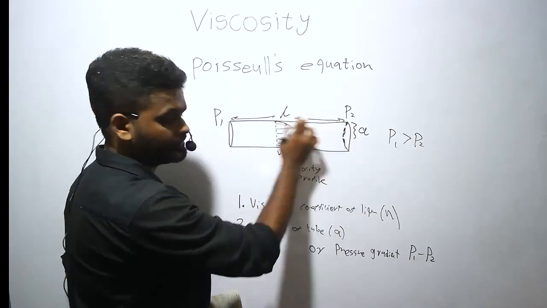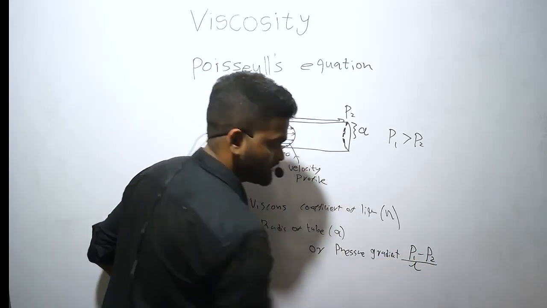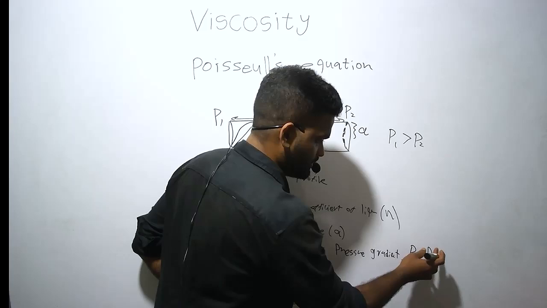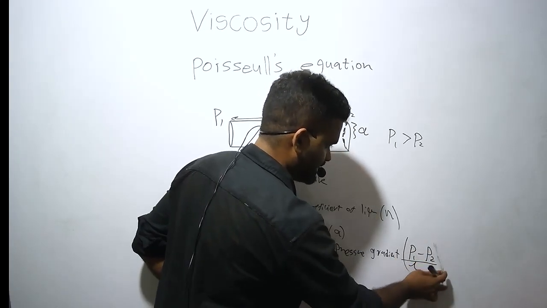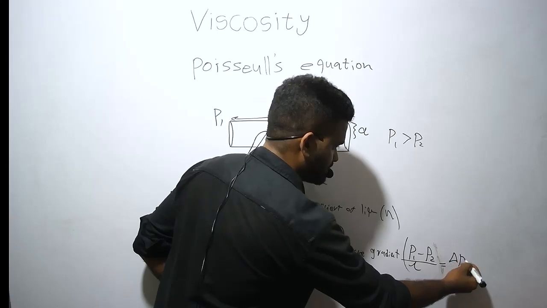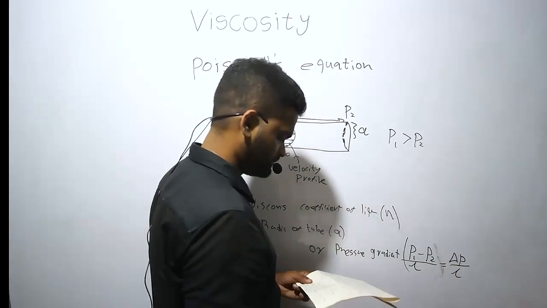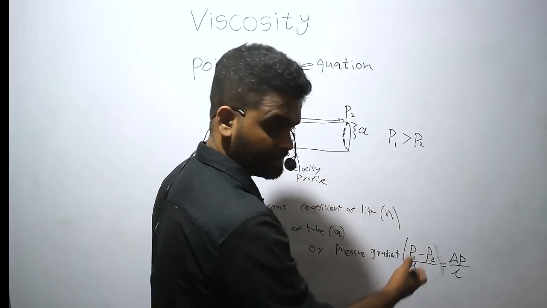So P1 minus P2 divided by length is the pressure gradient. For P1 minus P2, you can say delta P. Pressure difference, delta P, divided by length. Take it down.